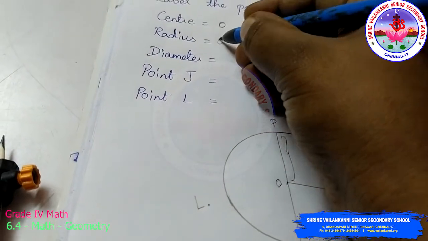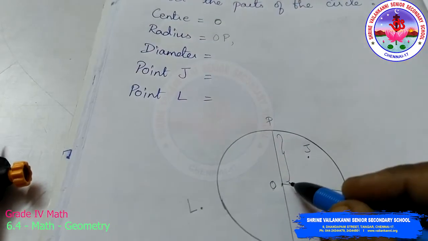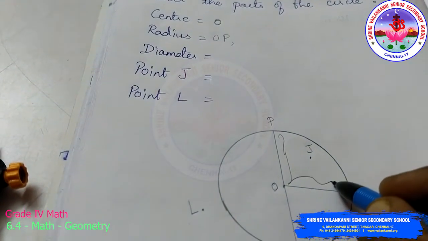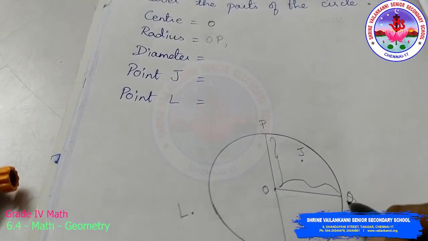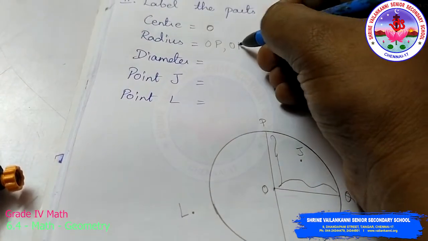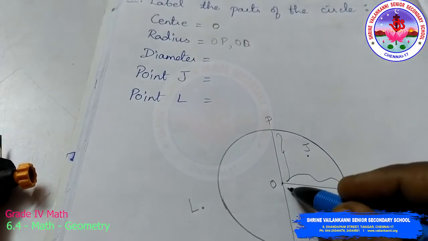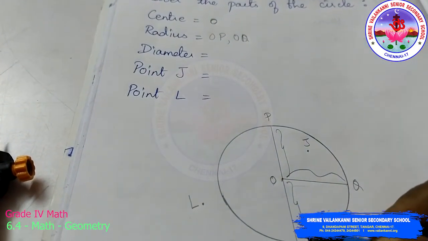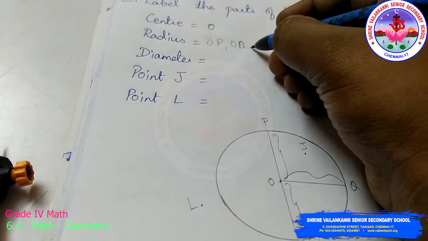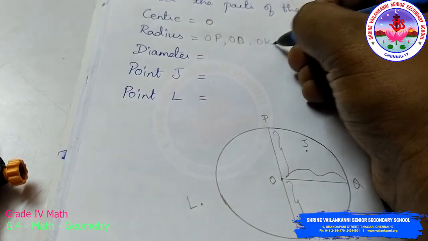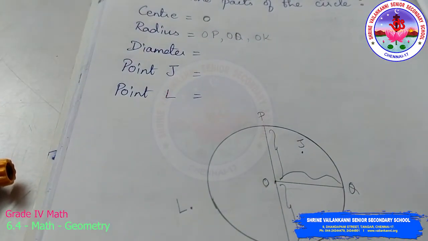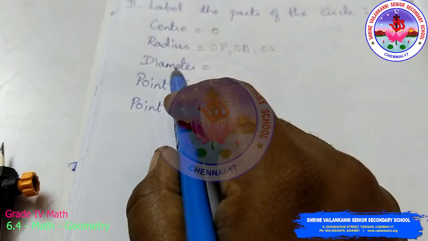Again from O to Q, this is one more radius. From O to K, this is also one more radius. Together there are 3 radii.